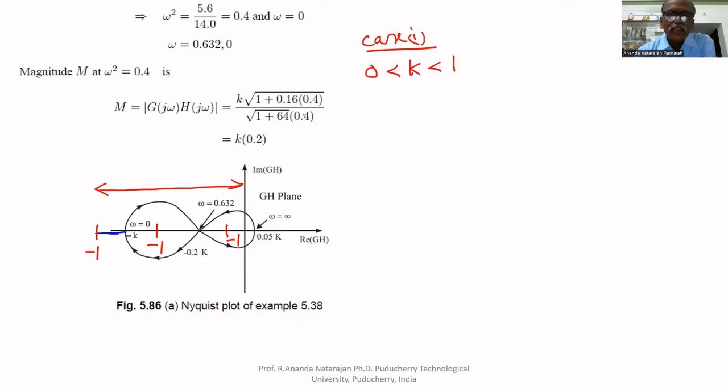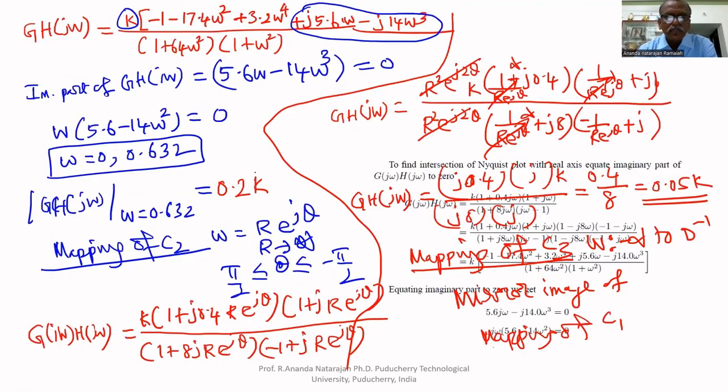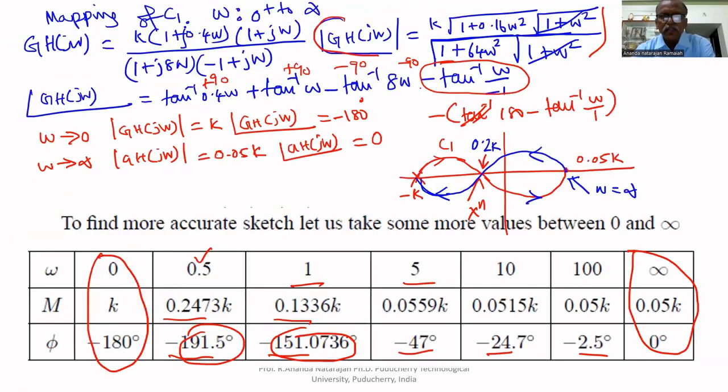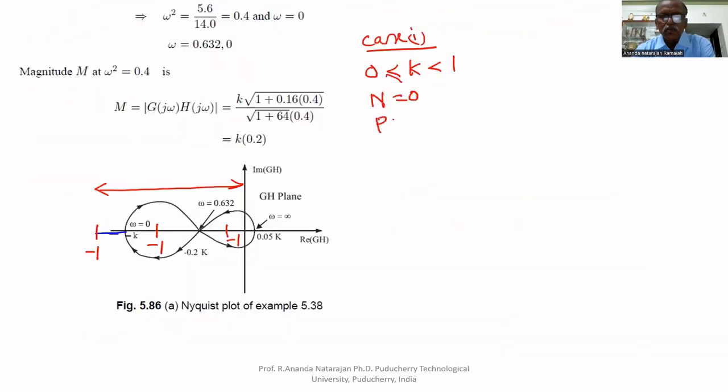In that case, for this range of K, what is N? N equals 0. No encirclement of minus 1. What is P in this case? One pole is on the right hand side. Therefore, the number of poles on the right hand side, P equals 1, N equals 0.